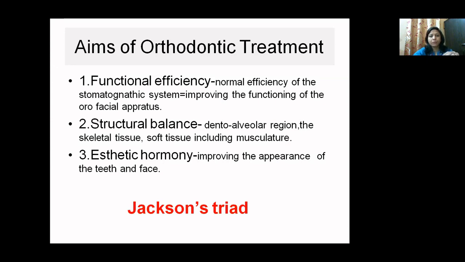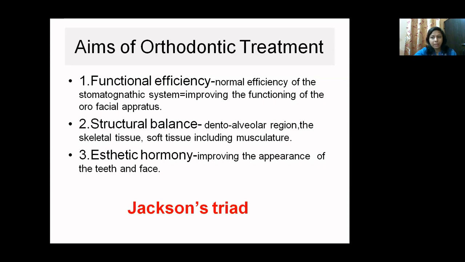Any deviation from the normal occlusion may adversely affect the normal functions carried out by the oral cavity. So one of the main aims of orthodontists is to improve the functional efficiency of the stomatognathic system along with improving the aesthetics.